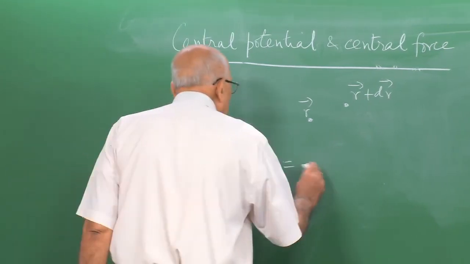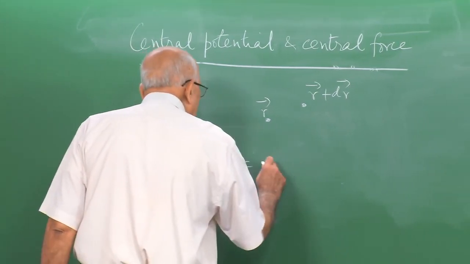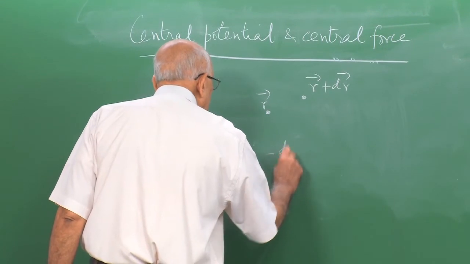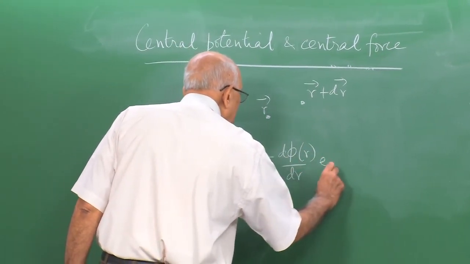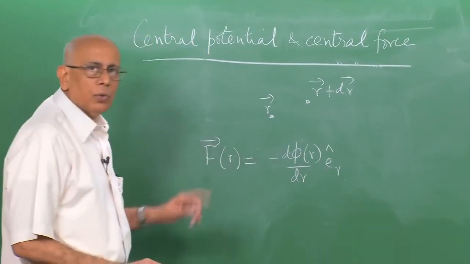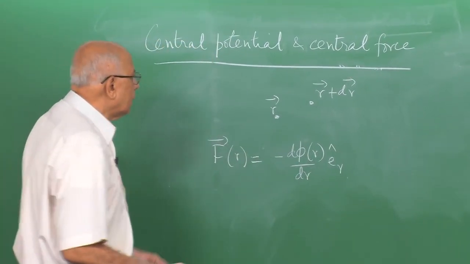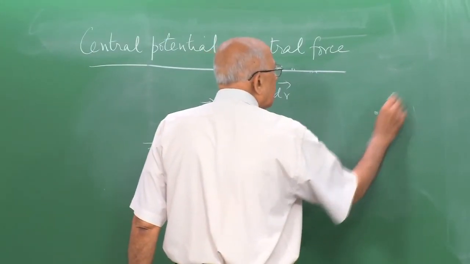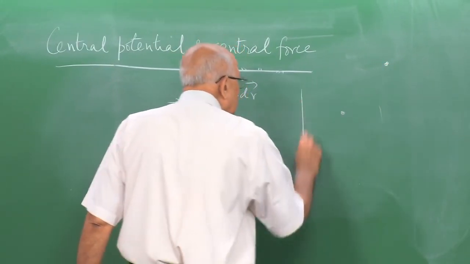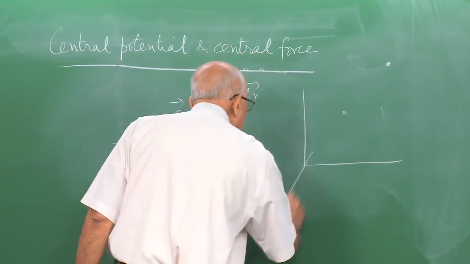This is equal to derived from a potential, so this is equal to minus d phi of r over dr e_r for a central force. Then the work done in taking this particle from here to some point like this with respect to some origin, so let's draw this origin here.